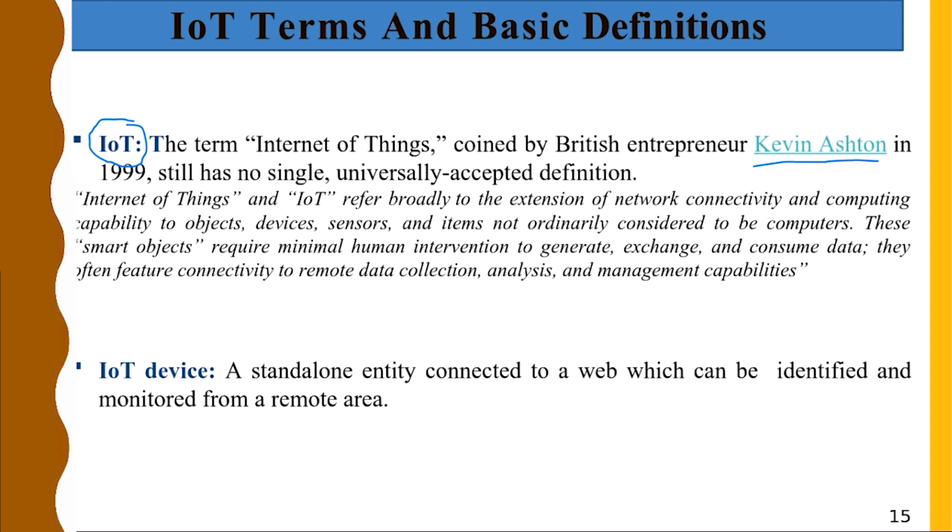That extension of network connectivity and computing capability to the objects, and when these smart objects require minimum human intervention, they collect data, they analyze data, they have management capabilities, they have decision making capabilities.